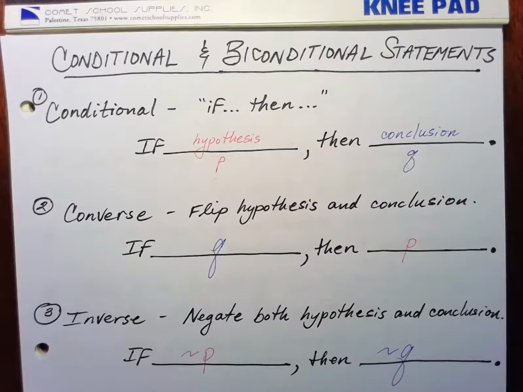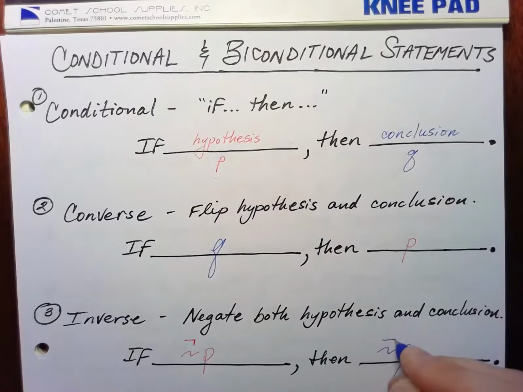Just for the sake of mentioning it, there is another symbol that is used. The tilde is not the only one. It looks like a little minus sign with a little thing coming off of the bottom, and they mean the same thing. You can either use a tilde or this little, looks like a broken angle or a little broken minus sign.